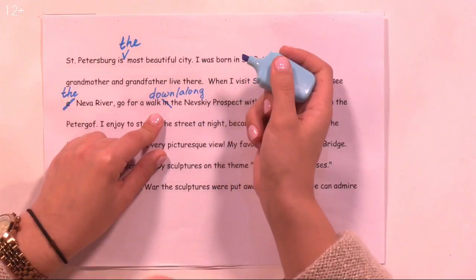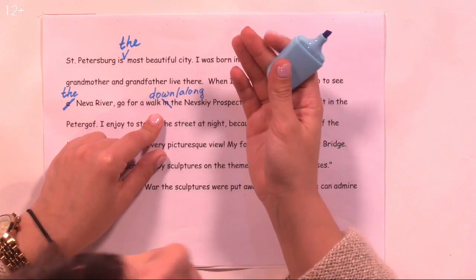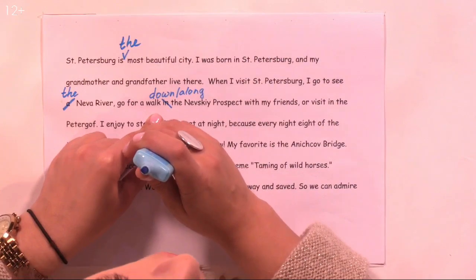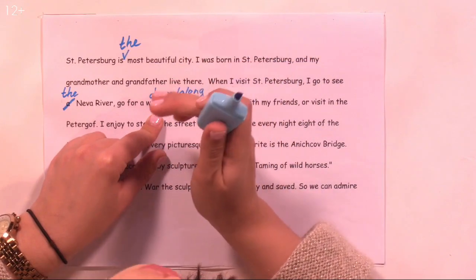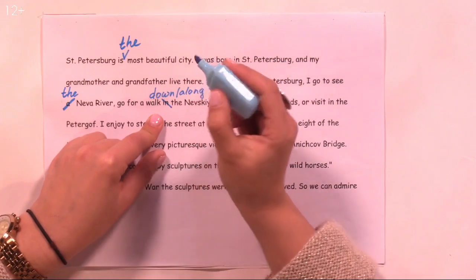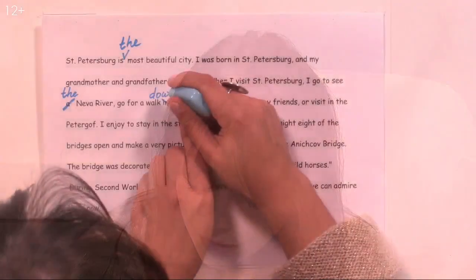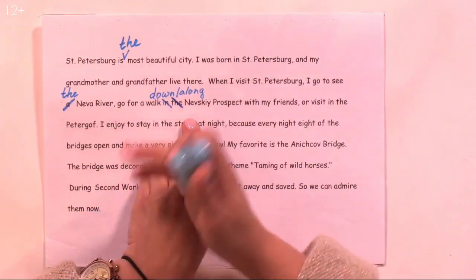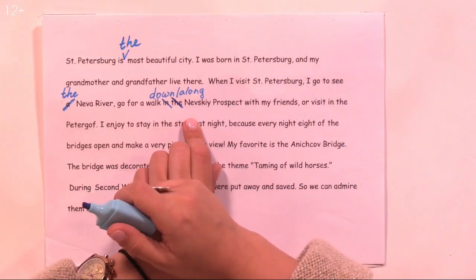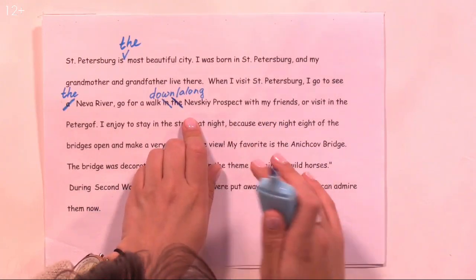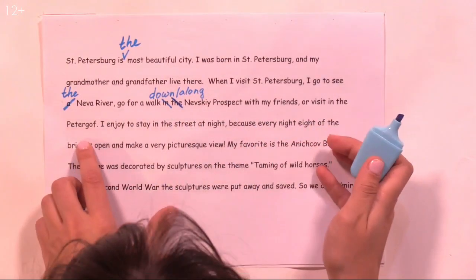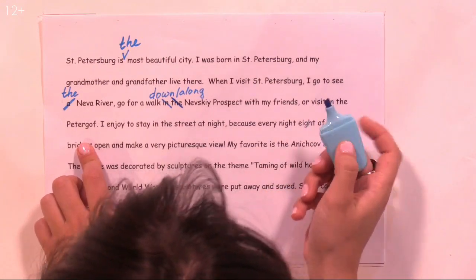And as many of you, not many, but for example, Viktor Petrov or Olga Hakhalova, suggest that we should also correct Nevsky Prospect, because there shouldn't be a definite article, and that's true. It's the name of a street, and we don't use definite articles with names of streets. I have checked it just in case this morning too.